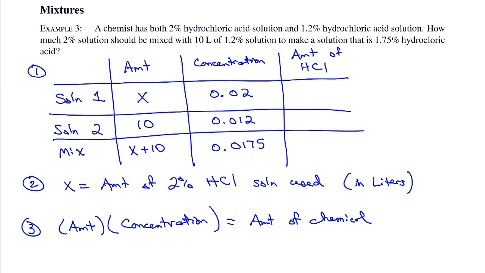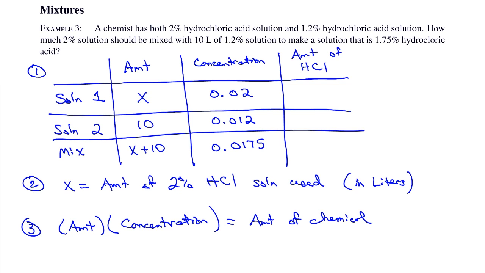Now, because you're using a different amount of the concentrations, you're going to end up with a different concentration that's somewhere between 2% and 1.2%. In this case, 1.75%. So let's multiply this across. I'll multiply here.